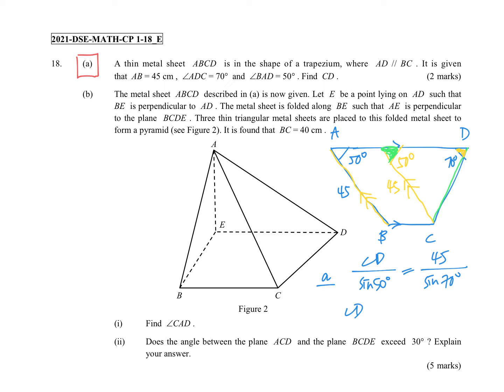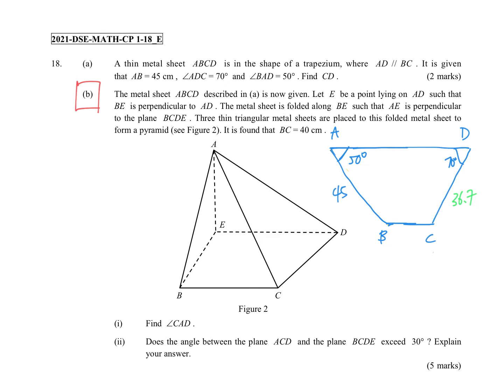So that's why CD will be equal to 45 sine 50 over sine 70, so that will be 36.7 cm. So that's our part A. Remember, that's part A stuff. Okay, safe answer. Good. So that's part A.